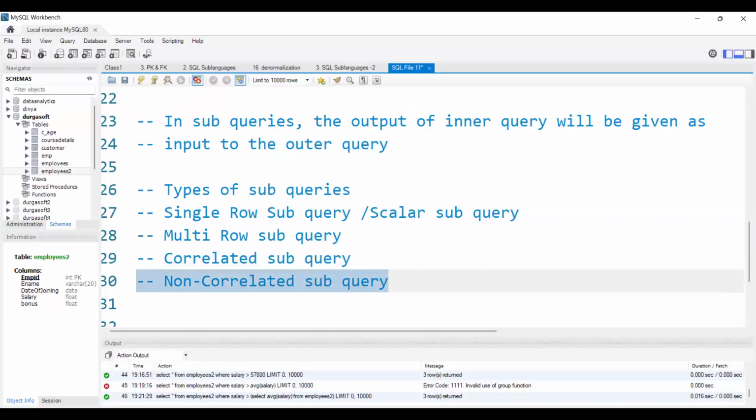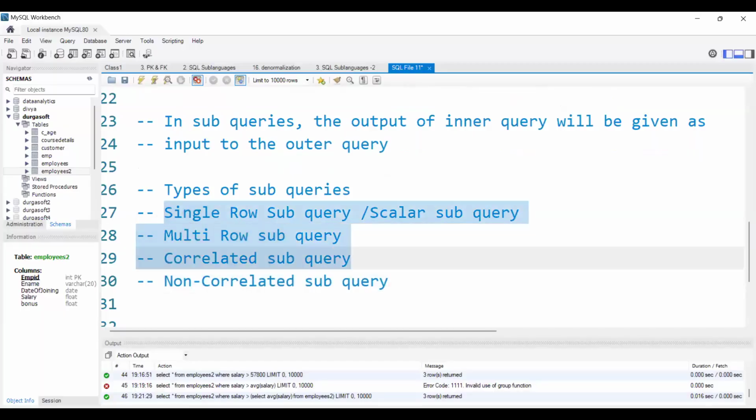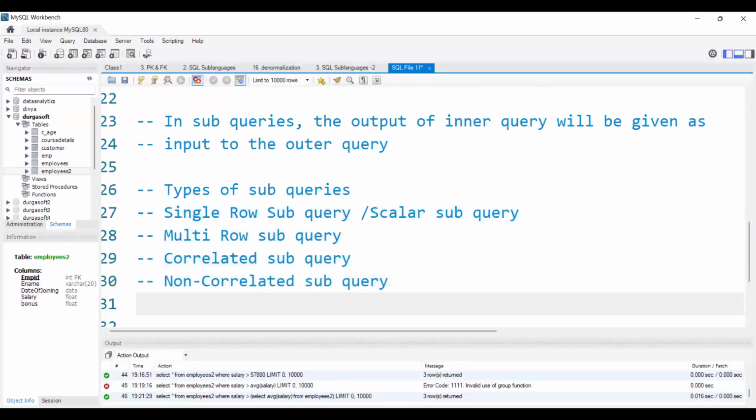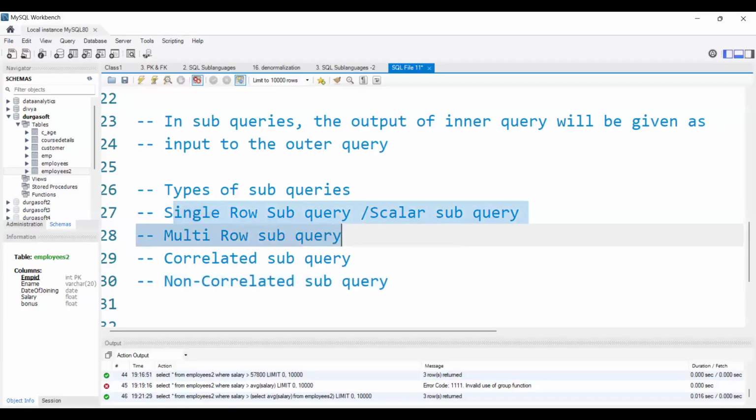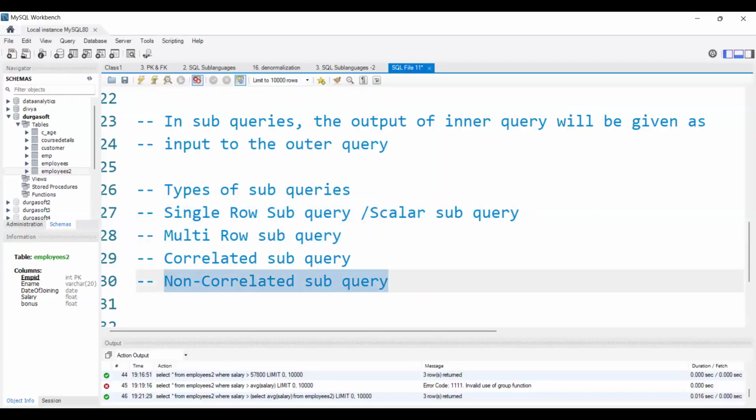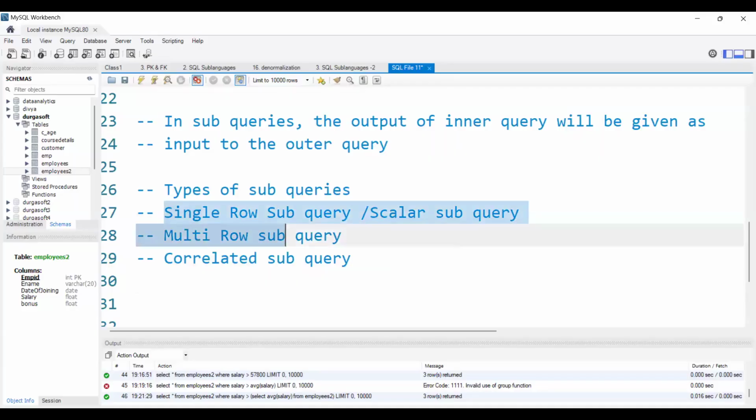I will tell you at the end. For now, just remember we have three types of subqueries mainly. Single row subqueries and multi-row subqueries, collectively, we can consider as non-correlated subqueries also. Let's not discuss that for now. First, let's see these three types.